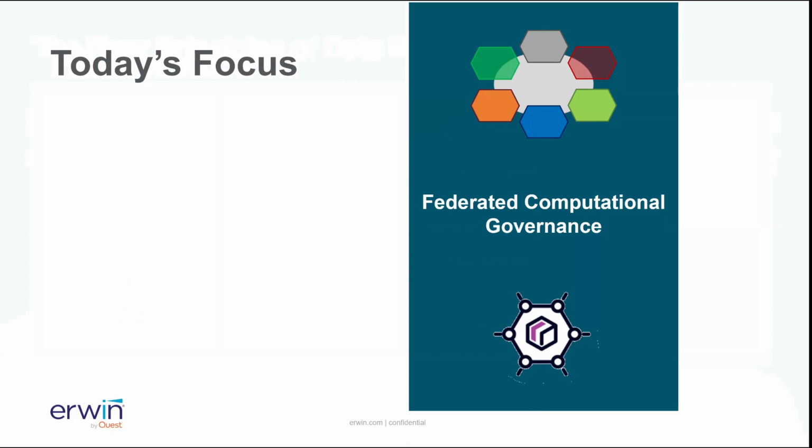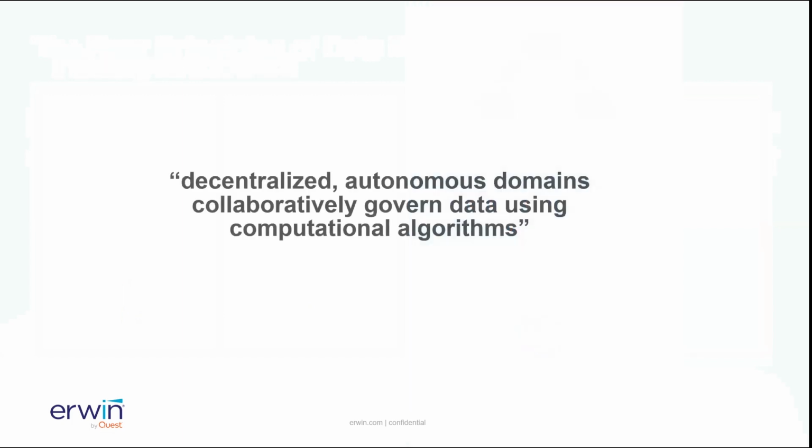Now, just to move on quickly, there's a way of defining this. Data governance as a topic is quite large, and data mesh takes a smaller subset of the full topic area. What we're looking at here is decentralized autonomous domains. So this is giving people across the organization ownership of their own subset of data, the data subject areas, but then working together with them collaboratively to govern the data that we have, and using, where possible, computational algorithms.